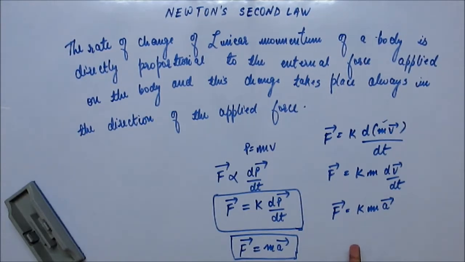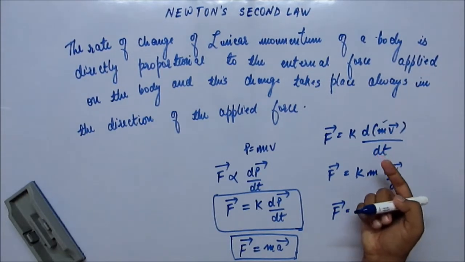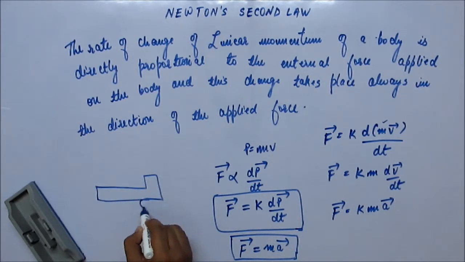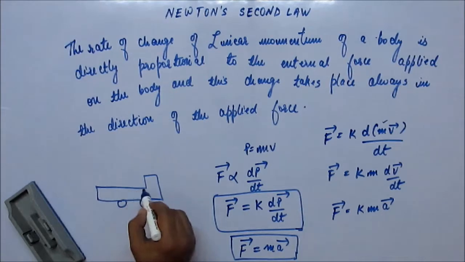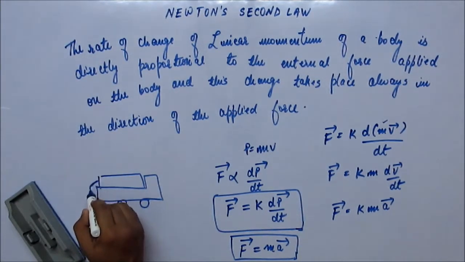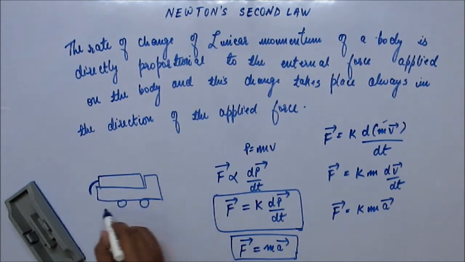And just to take a note, suppose mass would be changing. Suppose there's a truck carrying some water, it's a water tank, and there is some leakage. So as the truck moves on, the water keeps spilling on the road. In this case, the mass of the system is not constant, it is continuously decreasing.